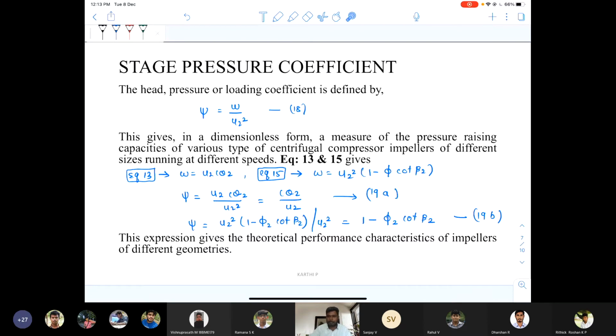Do you have any doubt in the stage pressure coefficient?